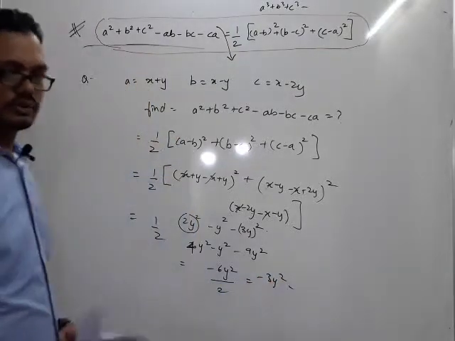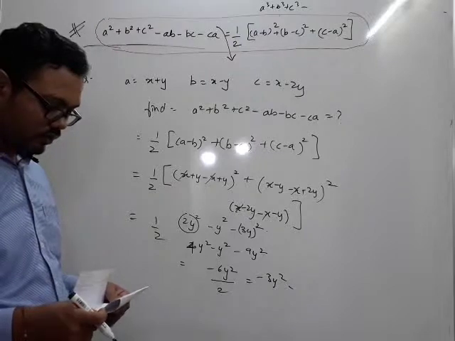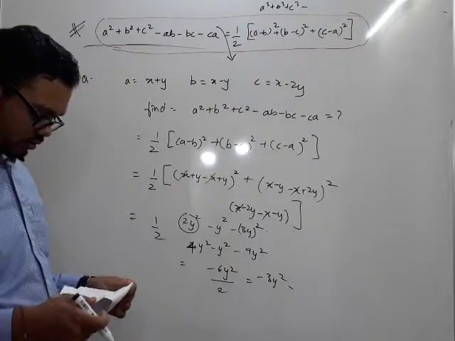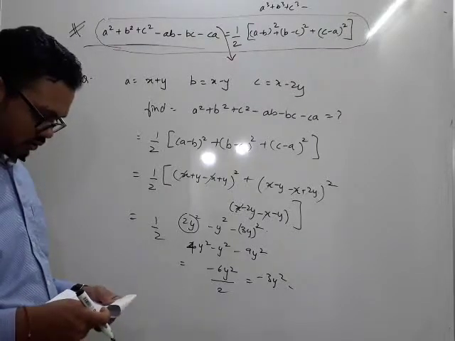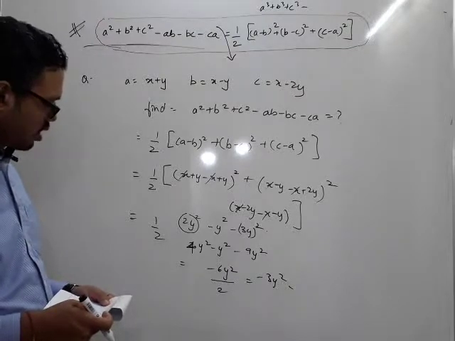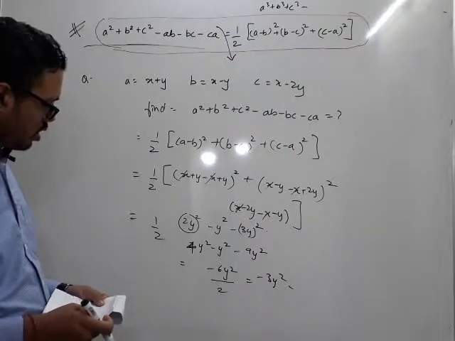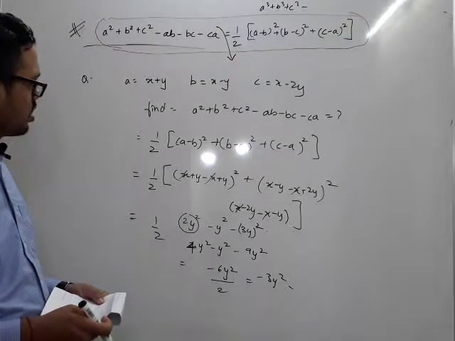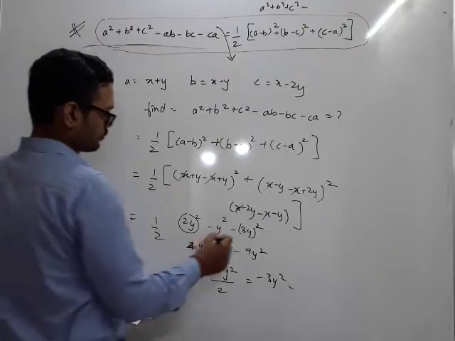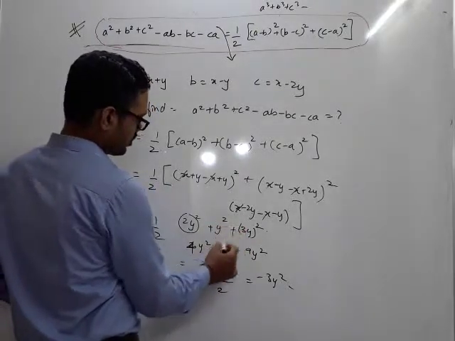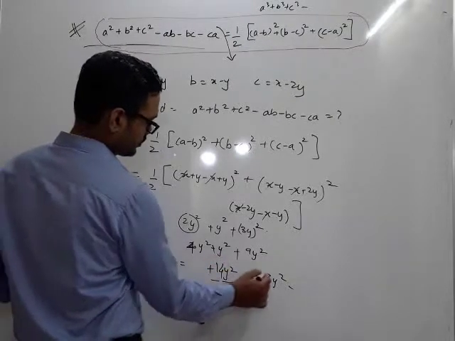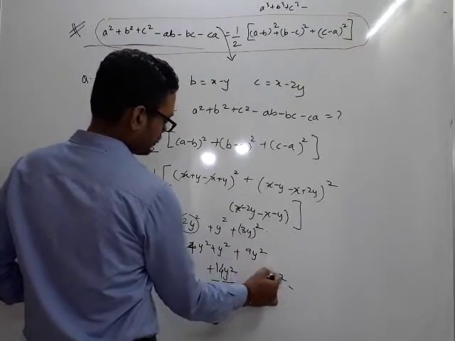Just a formula substitution, nothing else. Okay, I think it has to be 14y square by 2, 7y square.